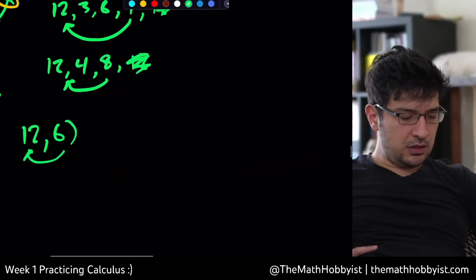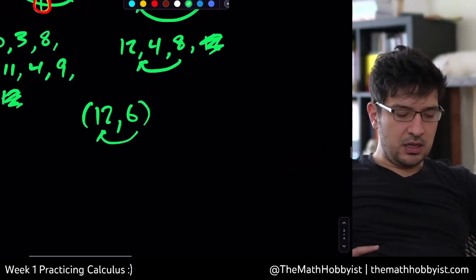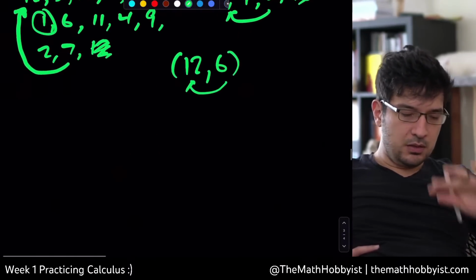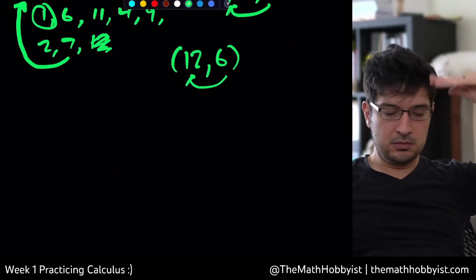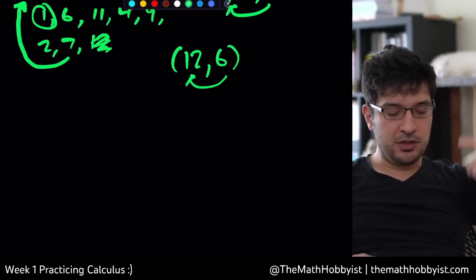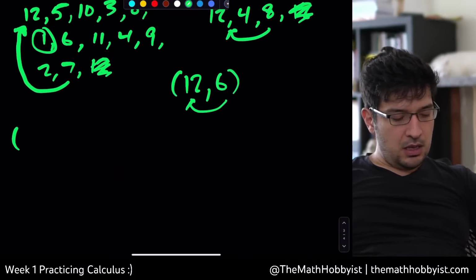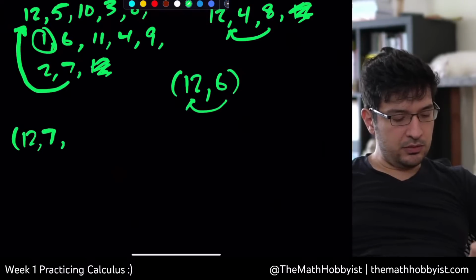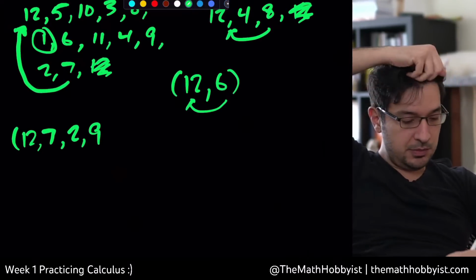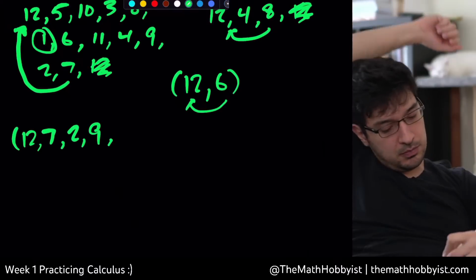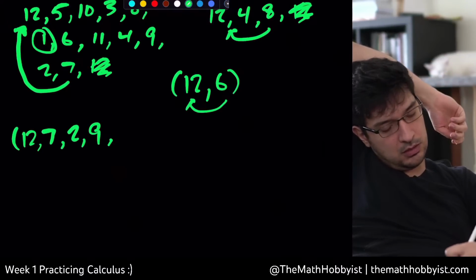I'm going to start using parentheses instead of like an arrow to mean come back to the beginning. What about 7? All right, so the next number is 2. Next number is 9. 3.